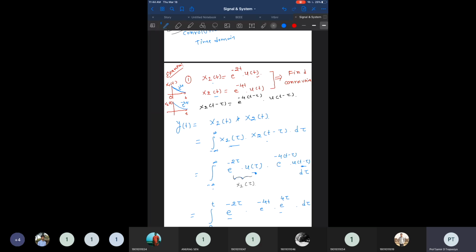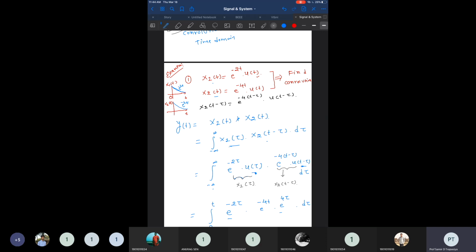And what about the second signal? The second signal is e raised to minus 4t into u of t, but here it is t minus tau, so every t is replaced with t minus tau. So e raised to minus 4t becomes e raised to minus 4 times t minus tau, and u of t becomes u of t minus tau. This is the signal x2 of t minus tau.